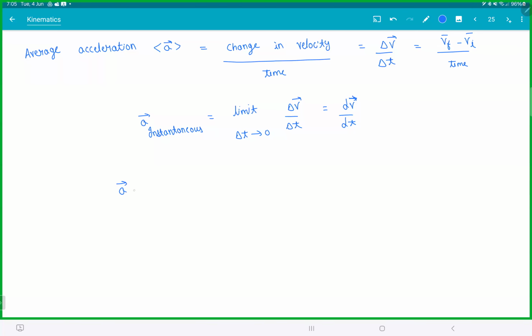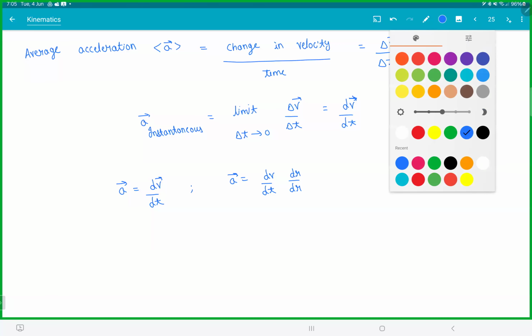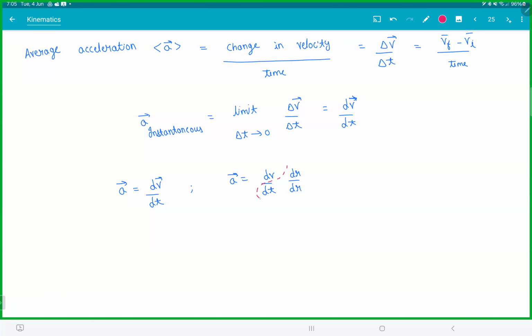And from here we get acceleration is dv by dt. So we can write acceleration is dv by dt, and multiply and divide by dr. That becomes v.